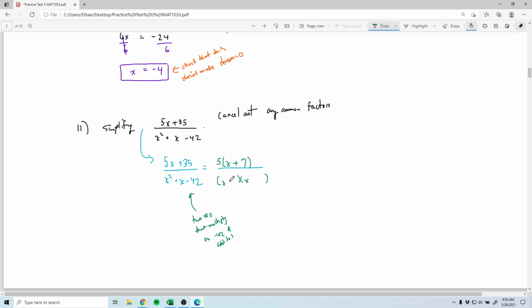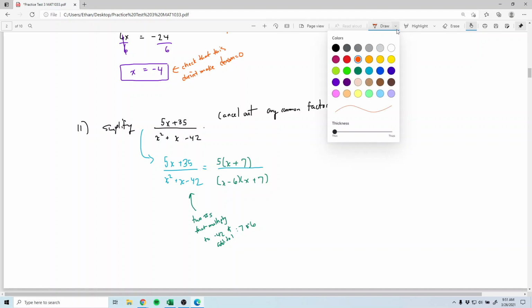Because it's going to multiply to a negative, I'm going to do a minus and a plus. And the two numbers that work here, 7 and 6 multiply to 42. Which one's going to be positive? It's going to be the 7 because they have to add to positive 1. So 7 and negative 6 work. It means I'll have x minus 6 and x plus 7.